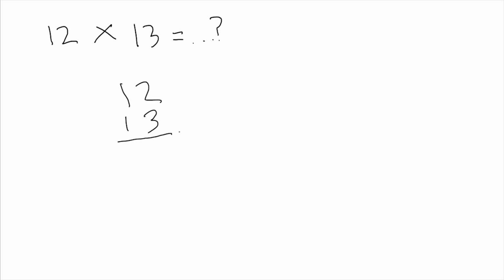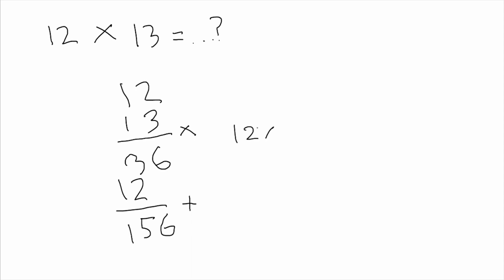Then we do the multiplication: 2 times 3 equals 6, 3 times 1 equals 3, 1 times 2 equals 2, and 1 times 1 equals 1, and then we sum it all. It becomes like this. So we could easily say 12 times 13 equals 156.